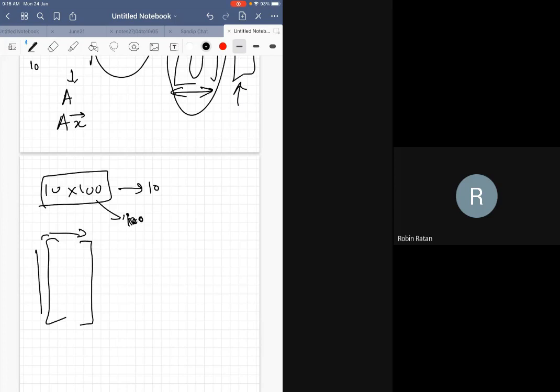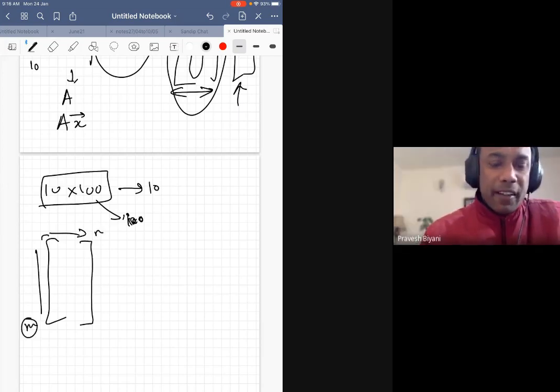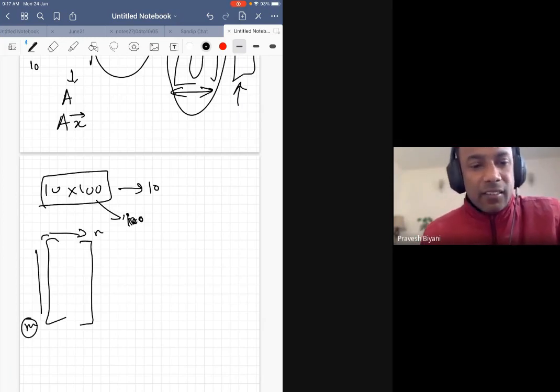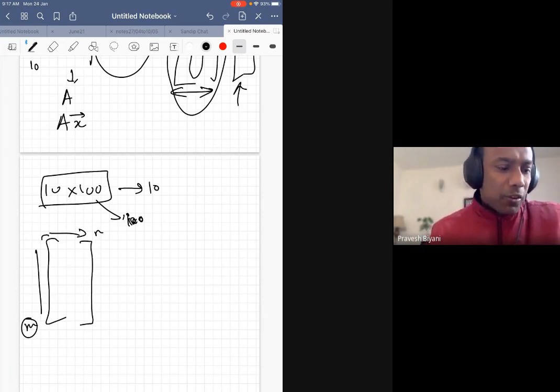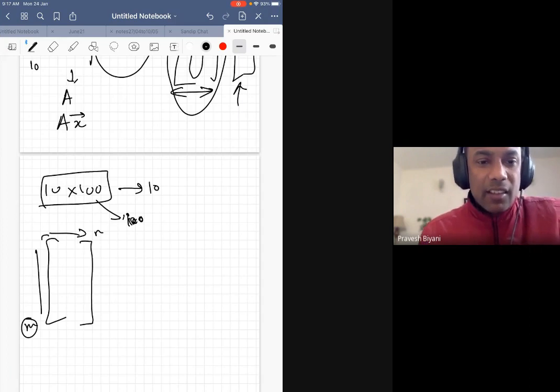No, rank cannot be m here, because rank is always less than or equal to the number of dimensions, basically either the number of columns or the number of rows. So rank cannot be equal to m here. This is exactly what we had done in the previous week, so I request you to go back and check those videos.